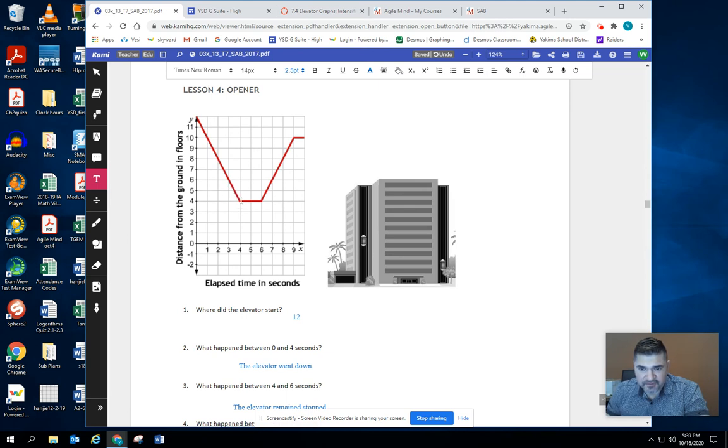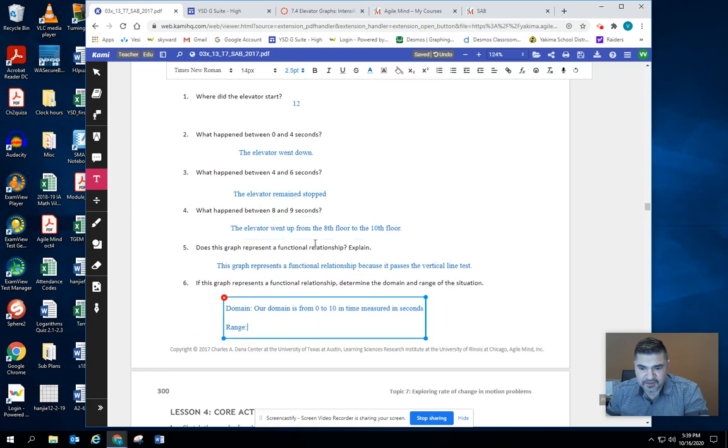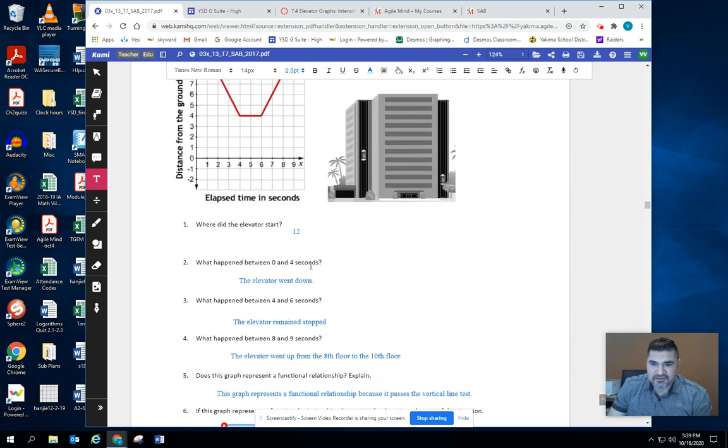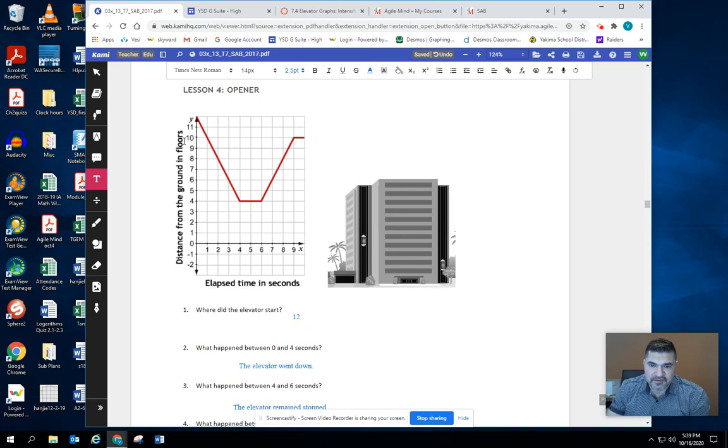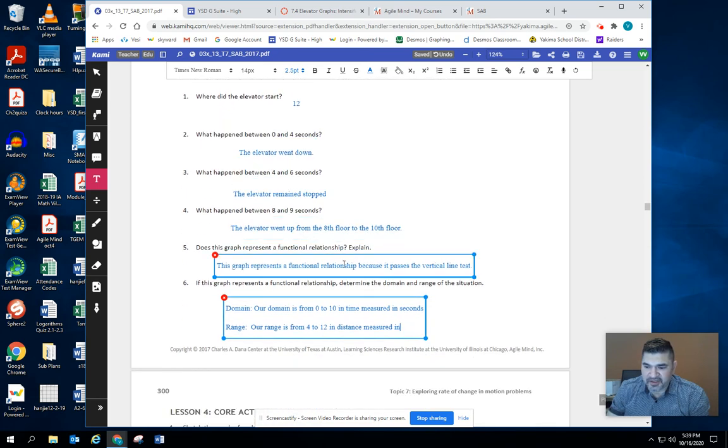So our range is, well, we'll say it's from 4 to 12. Okay, so our range is from 4 to 12 in, we're going to say distance, measured in, how are we measuring our distance? What unit are we using here? Right here it says floors, so I'm going to go ahead and type in measured in floors.